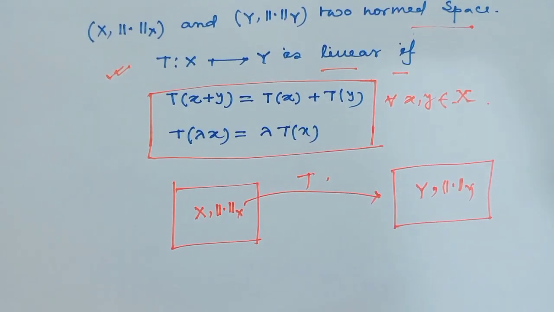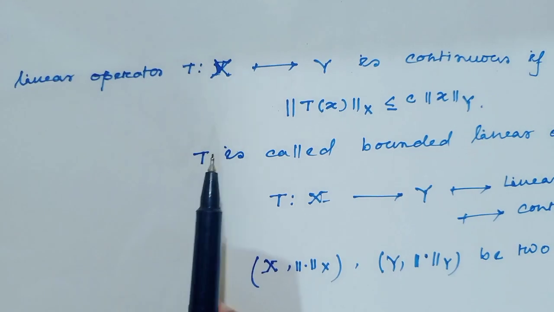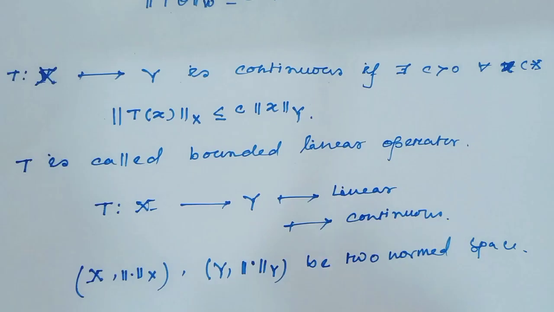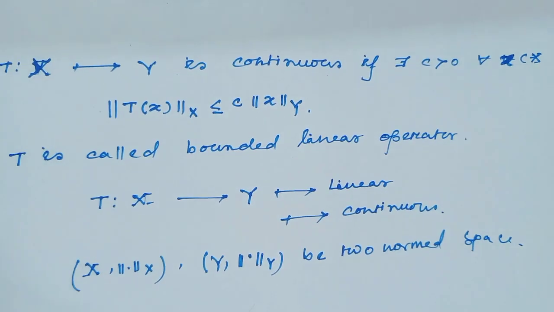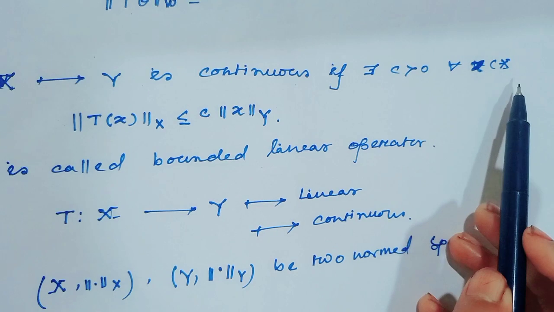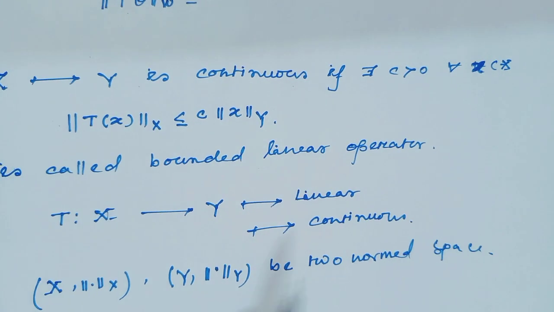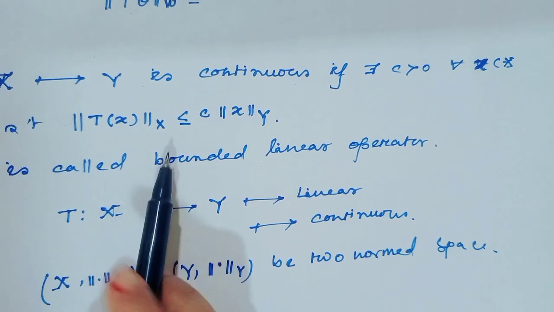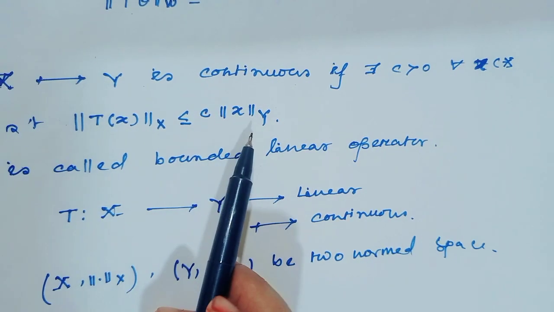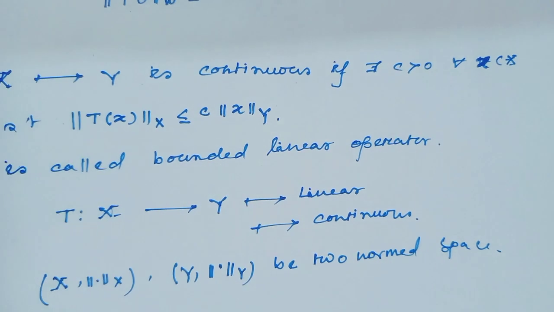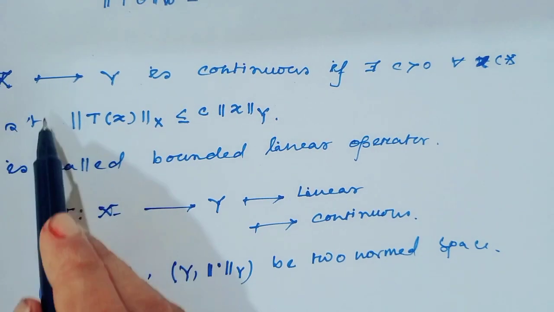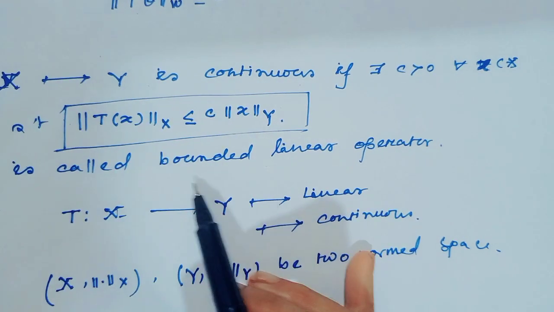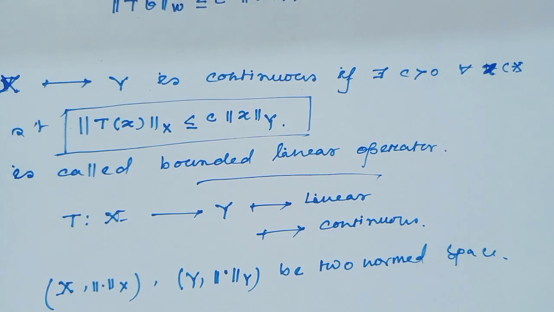A bounded linear operator is a linear operator T from X to Y which is continuous, and if there exists c greater than 0 such that for all x in the space X, the norm of Tx with respect to the norm space Y is less than or equal to c times the norm of x with respect to the norm space X, then if this relation holds, we can say this operator T is a bounded linear operator.